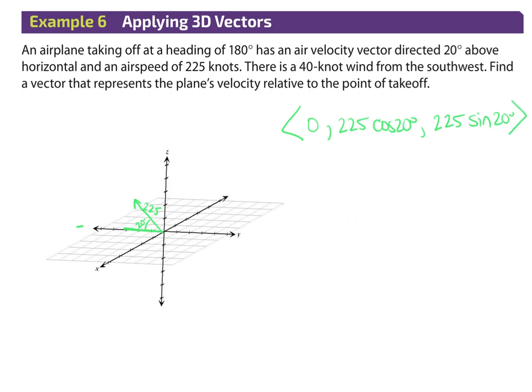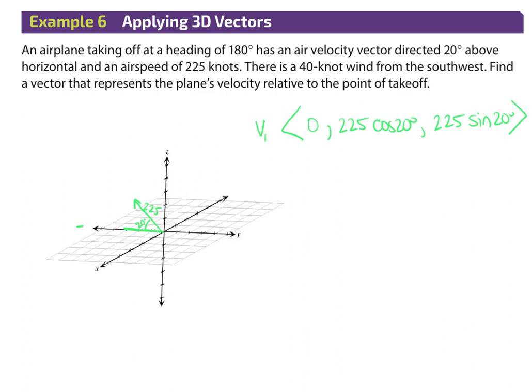Okay, so we're talking about a bearing, not a standard position. No x and y movement if you're going straight down. It was as if they could say he was going due south. That would be the same thing, okay? In an XYZ, all right? So this is the airplane. So this is my vector for my airplane.